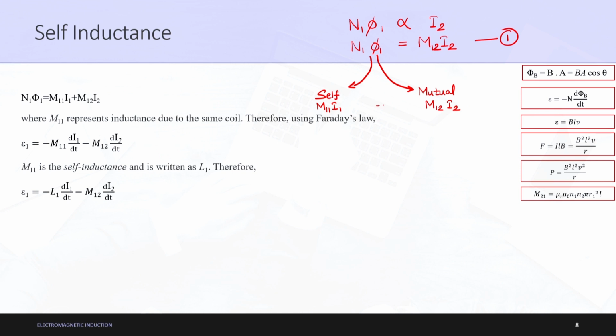Therefore, it is just a simple addition of self and mutual, and hence it is written here: N1 Phi1, that is flux linkage, is equal to M11 I1 plus M12 I2. Moving on, M11 represents inductance of the same coil, which is nothing but self inductance.